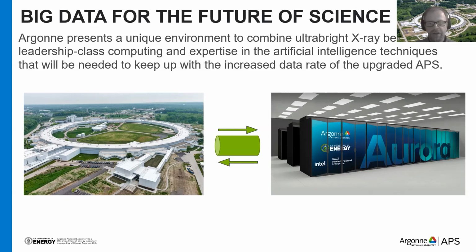I should point out that one of the things that's also extremely helpful at the Advanced Photon Source is that we are at Argonne. And so we also have a high performance computing center, as well as a supercomputer. And you can see here an image of Aurora. The kind of processing of data that I showed requires very significant processing.